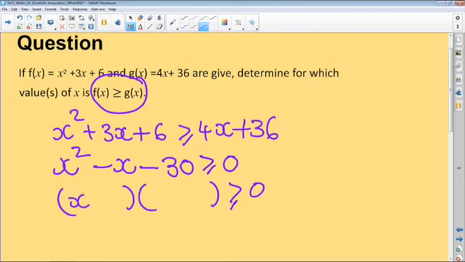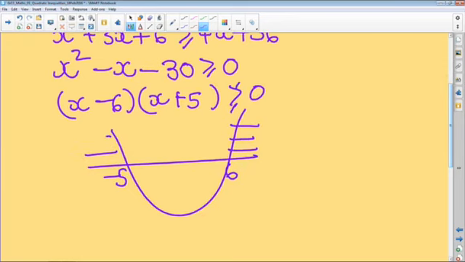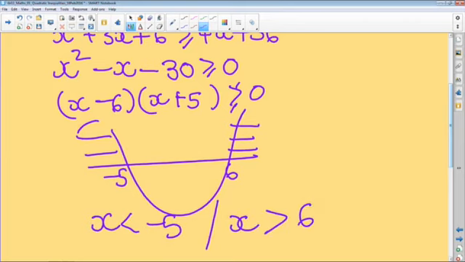Then x, okay, and then 6 and 5, minus and plus. So it means that your solution will be minus 5 and then 6 above, which is a plus, greater. So it should be x is less than minus 5, or x is greater than 6. But now it's less or equal to, or greater or equal to, right? So you do that.